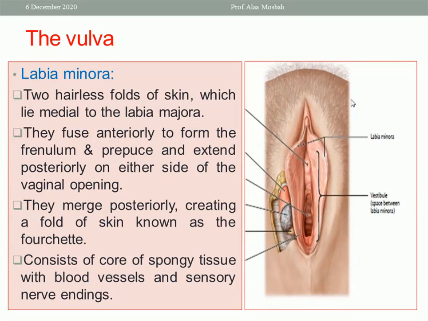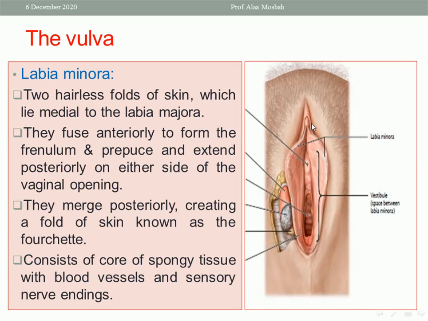What about the labia minora? The inner skin folds on both sides are called the labia minora. They are medial to the labia majora. They are non-hairy. They consist of a core of spongy tissue with blood vessels and sensory nerve endings. They fuse anteriorly to form the frenulum.